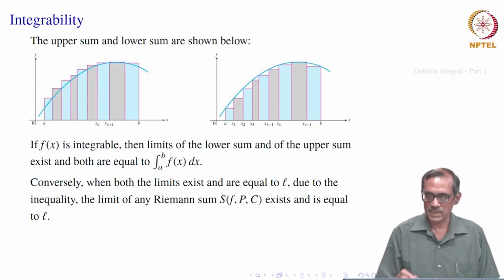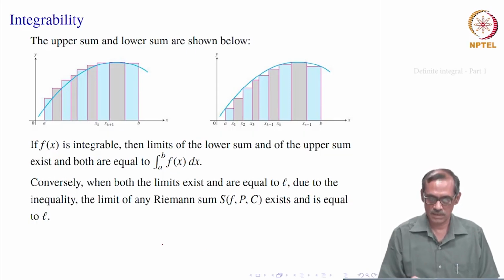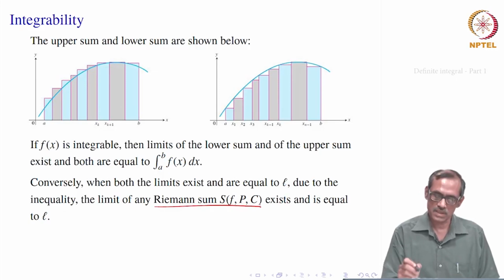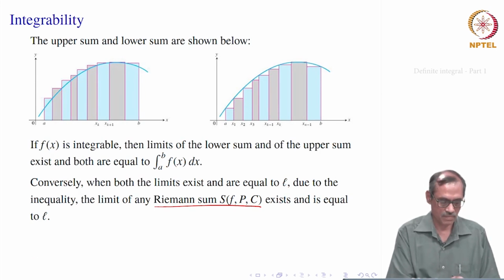So, now when both the limits exist and are equal, due to our inequality that the Riemann sum lies between these two particular sums of areas, then the Riemann sum in the limit must exist, and that should be equal to this integral a to b f of x dx, which is L now, fine.